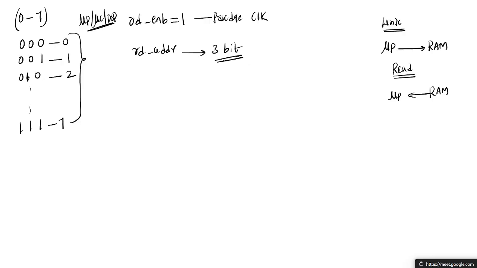Hope you understood how we do write and read operations. First the write operation happens, and if any data is there, only then can we read it from the RAM. We can't do both in parallel. First we do write, and next we do read.